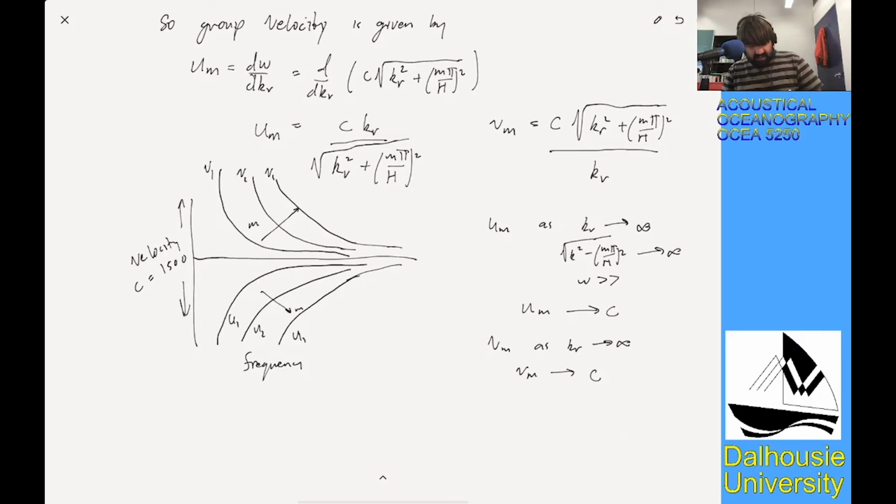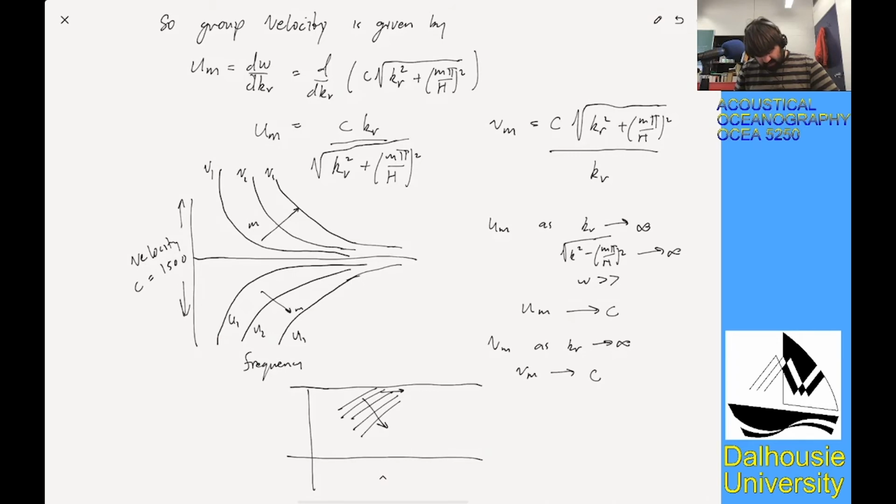Pretty easy to understand, I think, if we think about our plane waves, right? VM really is the propagation in R of a fixed point of phase in that plane wave, and the angle of propagation is related to the mode number. Mode number is not really important, but let's just consider this one particular mode.